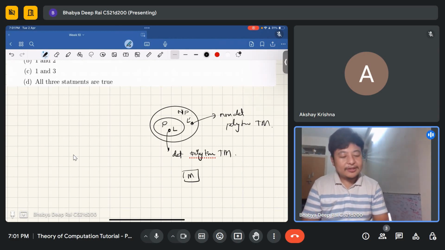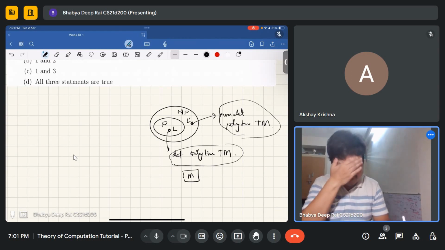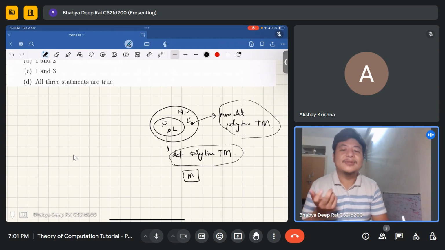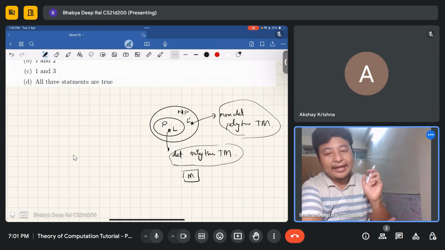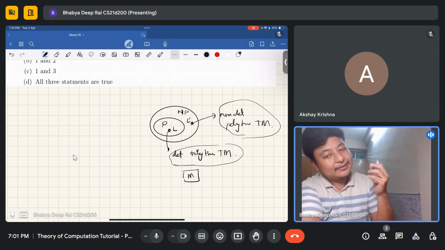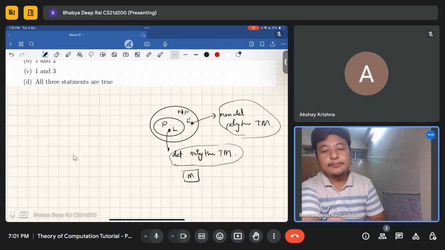So a deterministic polynomial time Turing machine is just a weaker version of a non-deterministic polynomial time Turing machine, where I don't use non-determinism at all. So any language in P is therefore trivially in NP. This is the first way to answer this question.